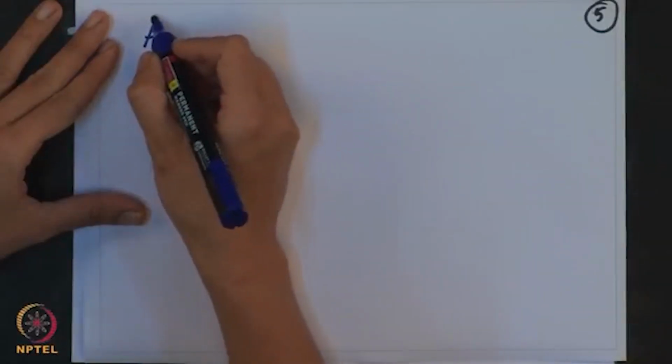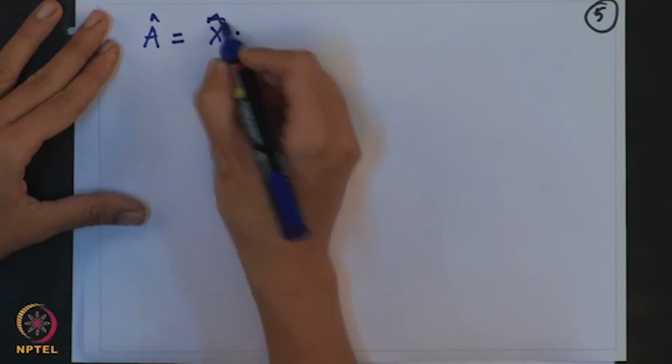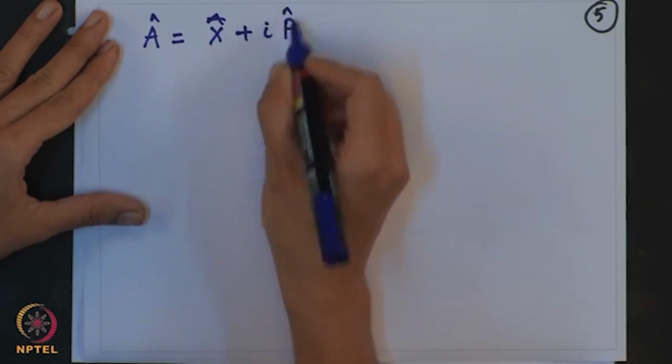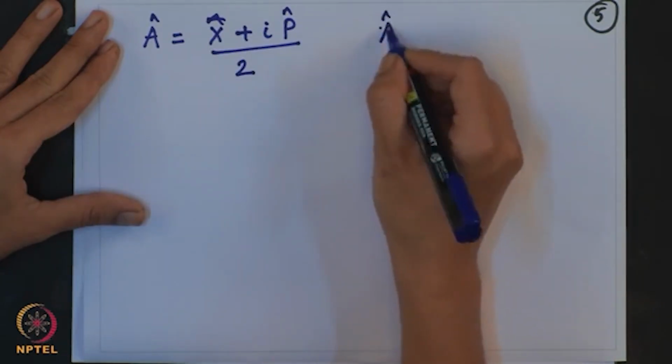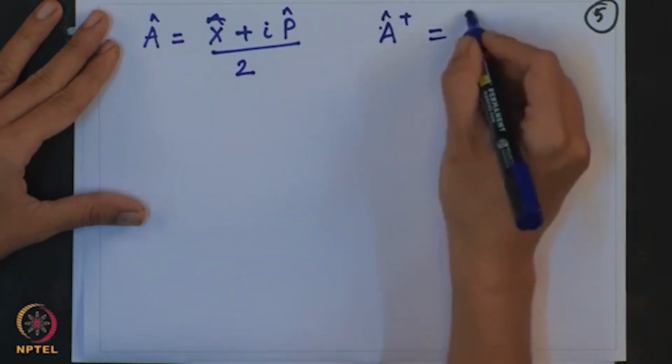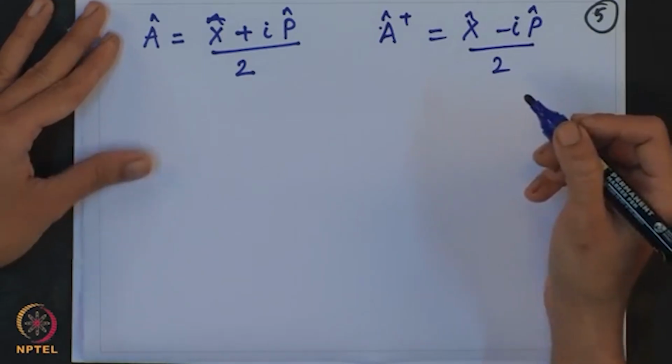A will be equal to x plus i p cap upon 2, and A dagger is simply the complex conjugate, you can see here, correct.